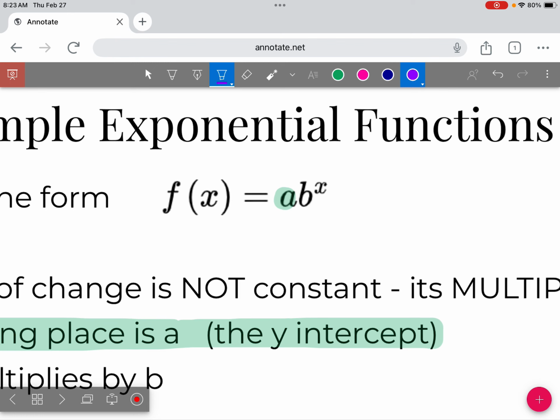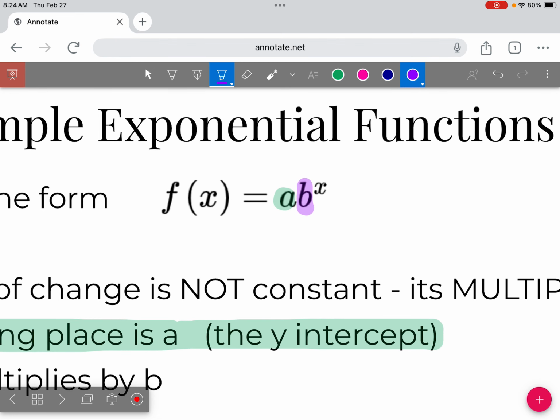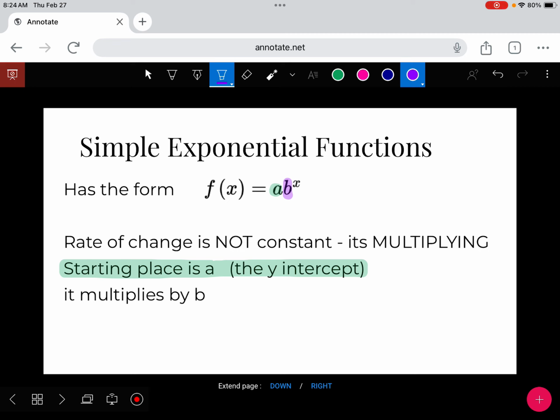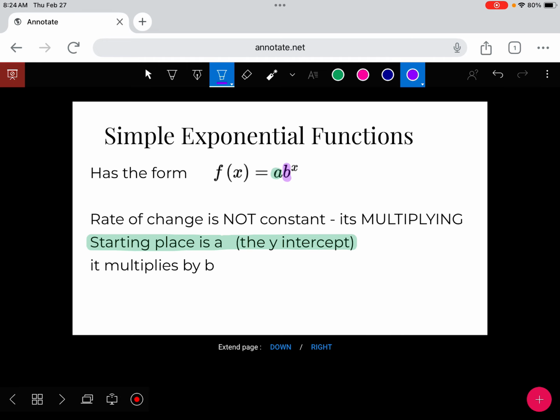The b, the piece that has the exponent on it, is what we're going to multiply by. So if it's multiplying by 2, a lot of times we'll say that it doubles. And so our base would be 2. If it's going to triple, it would be by 3. It's not always going to be that it grows, though.